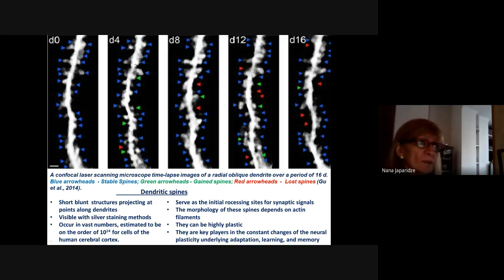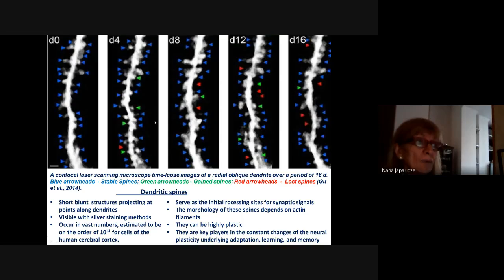And you can see also the spines indicated with the green arrowhead. So they are newly formed spines. Look, this one, for example. And this one then became stable here, stable here, stable here.